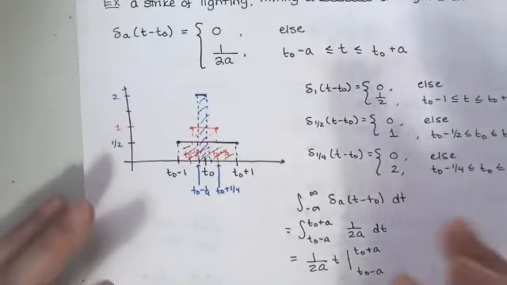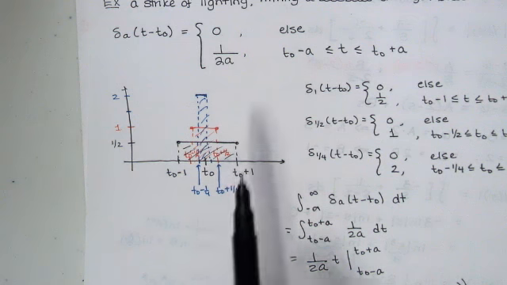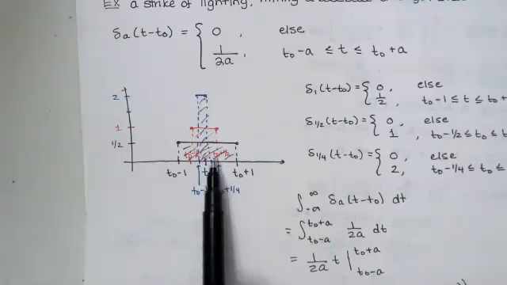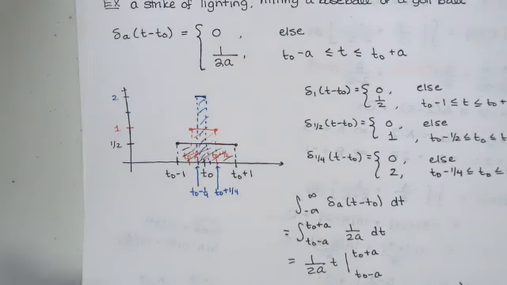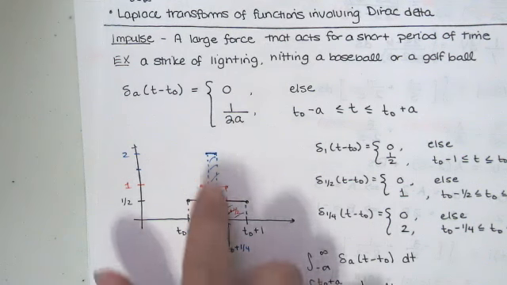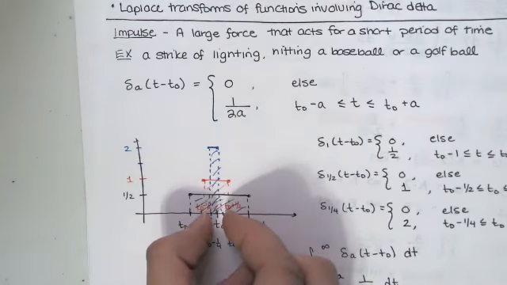But in some limiting sense, if we're thinking of a force acting for a very short period of time, of course, it's going to have to act over some time interval. It could be a time interval like this, or like this, or like this. In the limit, as a approaches 0, we would end up with a function that's 0 all the time, but the width of that interval approaches 0 as well.